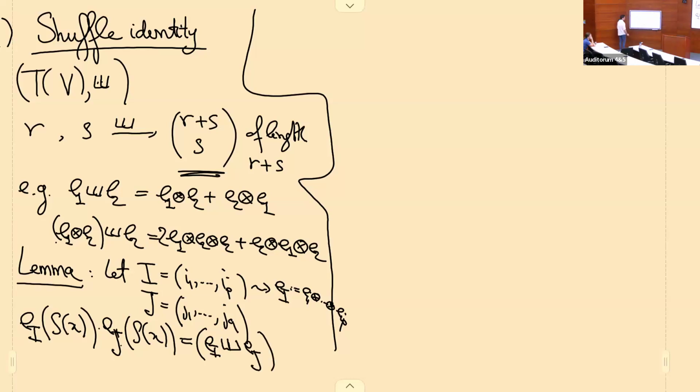This is another element, a linear combination of words that I can then contract against the signature. Sorry, this should be star, because these are in the dual space. So this E_I star is just E_{I1} star, ..., E_{Ip} star, and similar for E_J. So this is the statement. The pointwise multiplication of two linear functionals acting on the signature is equal to the shuffle product of the two linear functionals acting on the signature.